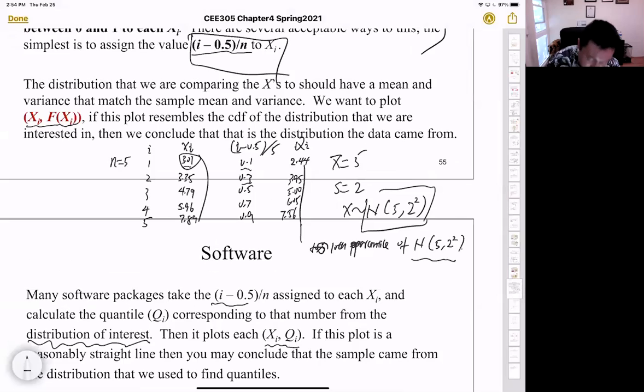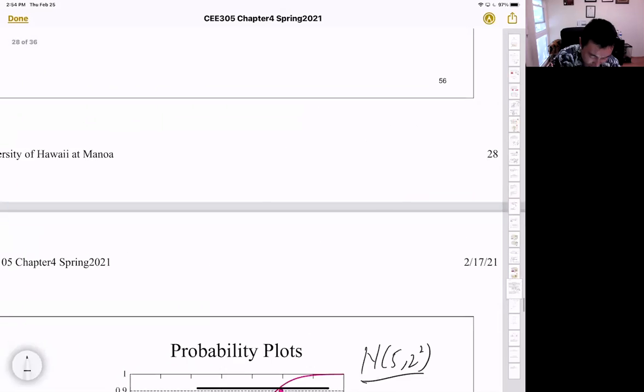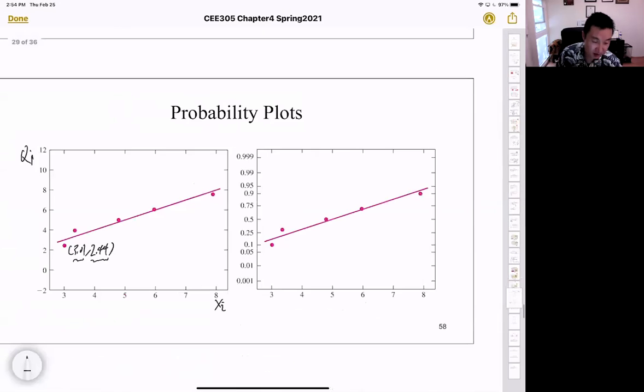And so on, we can plot 3.35, 3.95. We plot this and see if they follow a straight line. If they follow a straight line, then our guess is probably correct.